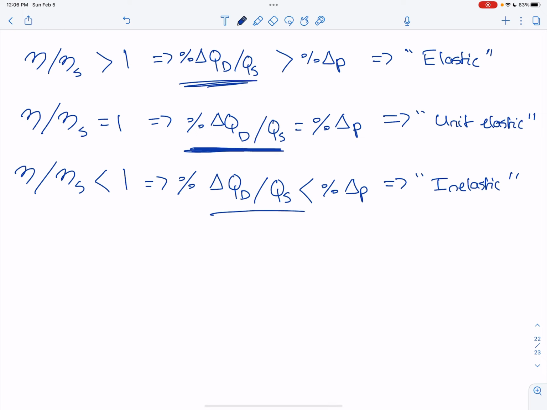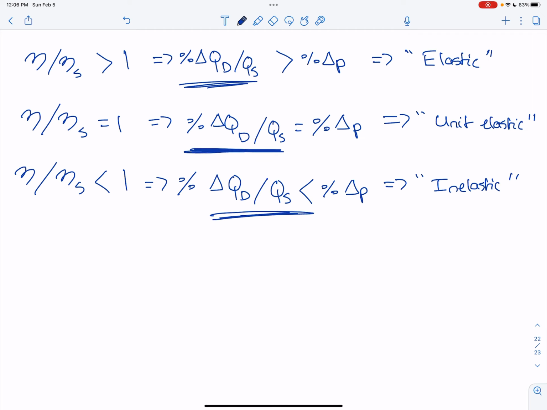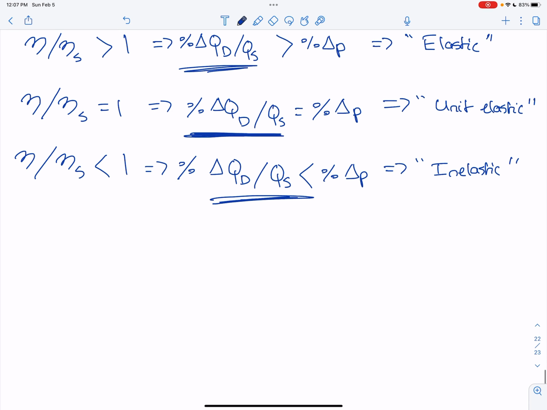And over here, we have quantity supplied or quantity demanded that are not so sensitive to a change in price. So some percentage change in price will result in a relatively smaller change. Okay? Now, let's look at how this can be represented visually.